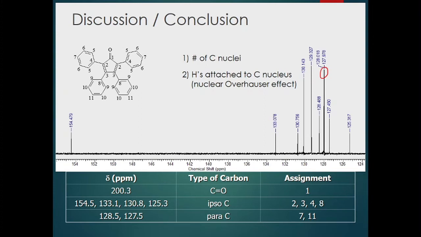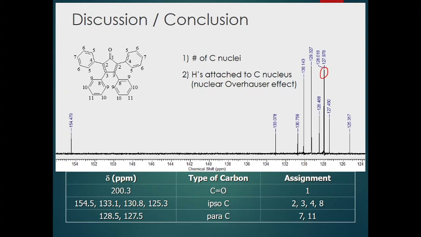And then consider how many carbons this represents. For example, in this case, we have the peaks at 127.5 and 128.5 represent 2 carbons. The other peaks are twice the size, so they represent 4.